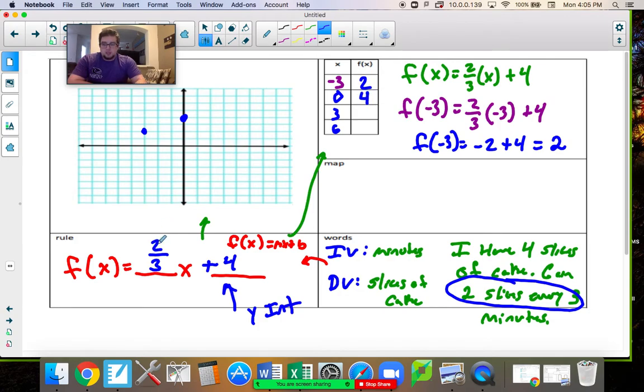Then our slope, 2 over 3, that's the rise over run of this graph. So starting at this dot, I'm going to rise 2, run 3, rise 2, run 3. We could do the exact opposite. Instead of up and right, we go down and left, down and left. We draw our line.